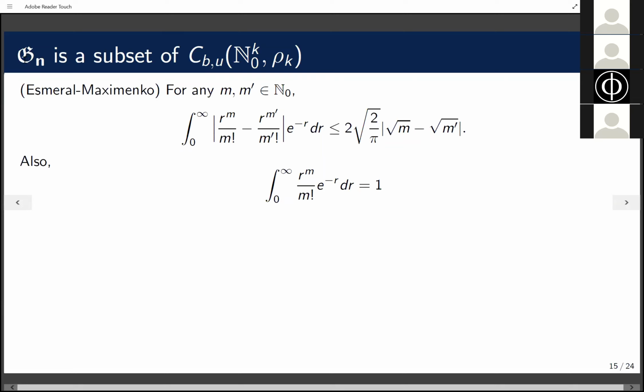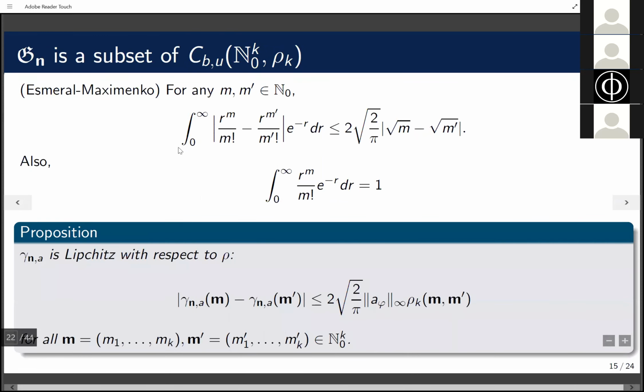So first of all, we need to show that the set of eigenvalue functions is contained in this algebra. For that, we are going to use these two facts. We are actually going to prove that the eigenvalue functions are Lipschitz with respect to the square root metric, so definitely they are going to be uniformly continuous with respect to the metric. To prove this, we pull out the sup norm, and then we would be left with something like this.